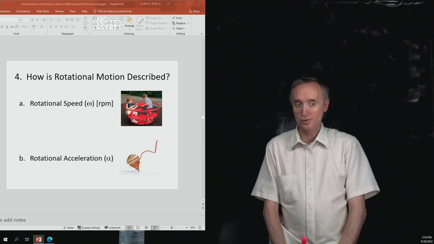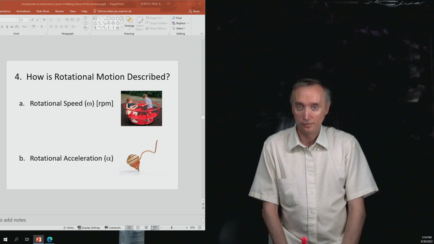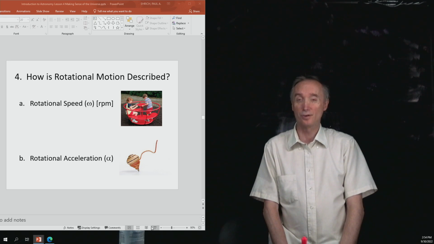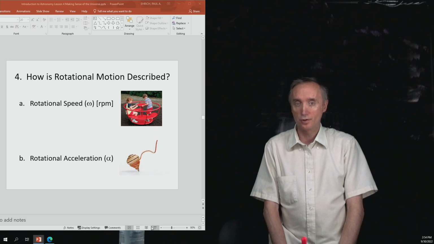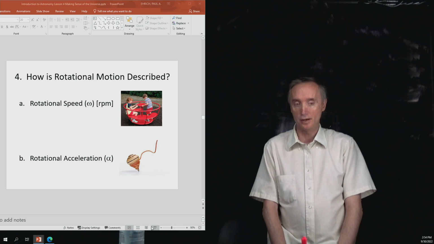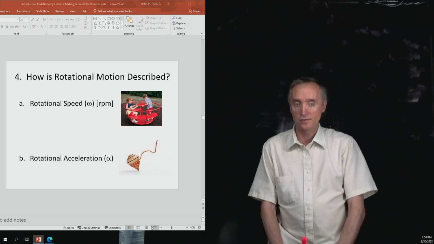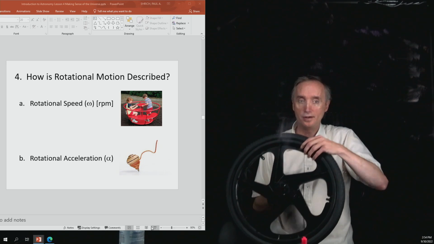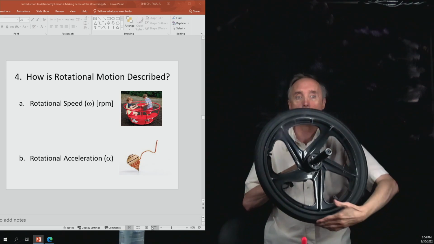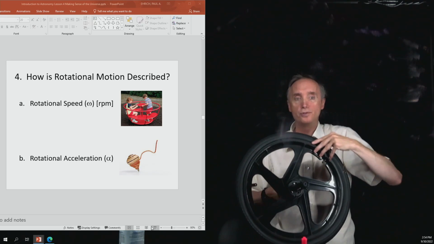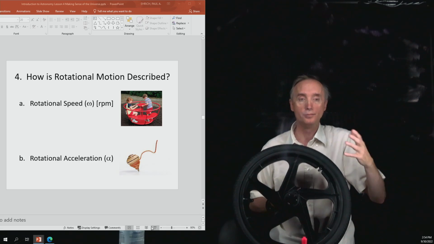And the official metric unit for rotational speed is called a radian per second, which we don't care about. I'm just going to go with something that you're more familiar with, RPMs. So what do the letters RPM stand for? Rotations per minute. So if something is rotating at 1 RPM, then it will go completely around one rotation in 1 minute.